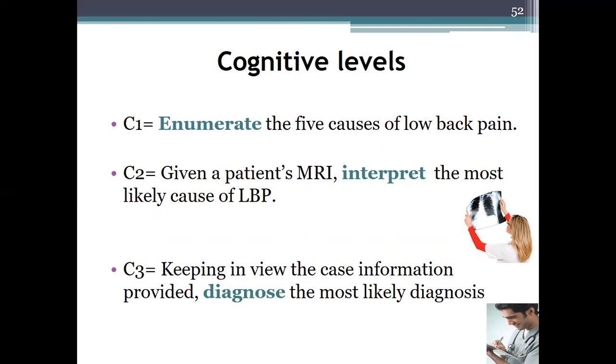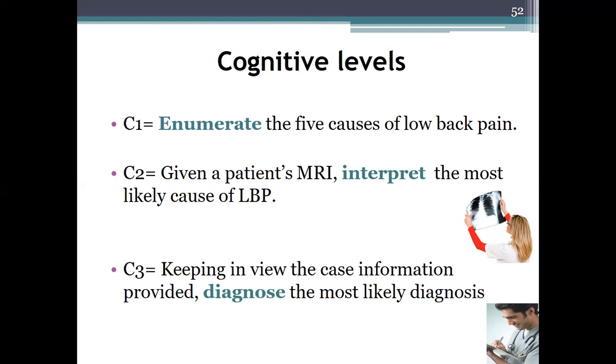So if we have a condition, suppose we take the example of low back pain, the anatomy, etiology, or each and everything relevant to low back pain, the causing pathophysiologies, the anatomy, the structures which are being compromised, all these will be in C1.